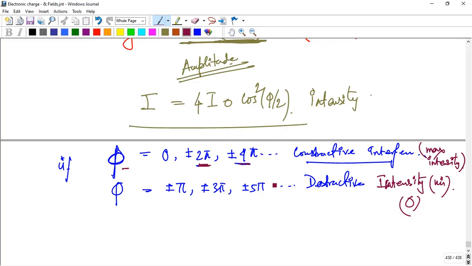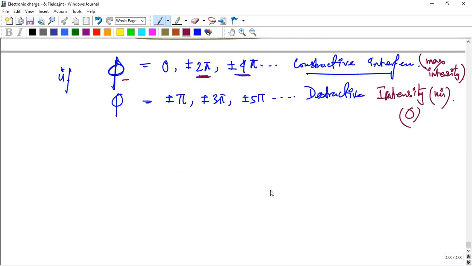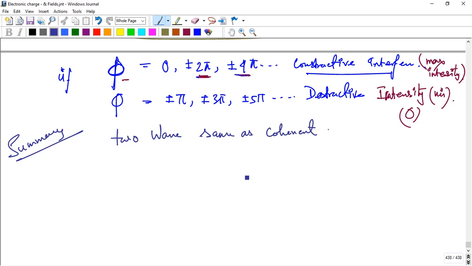Okay, so here is the summary. If the two waves are coherent, the same as coherent, the needle goes up and down regularly.